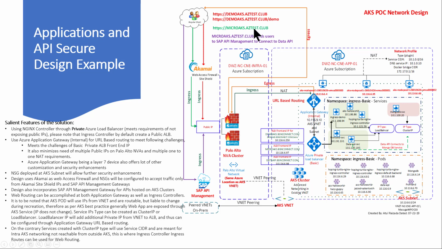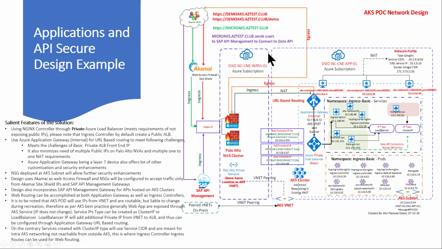The third application, the front-end web app, is micro.aks.agtest.club. This is an Angular application, and this front-end web app, the front-end services, talk to the data API. The data API is also exposed publicly. The data API internally talks to the internal service, which is a MongoDB. This is not exposed so that users can get to it.